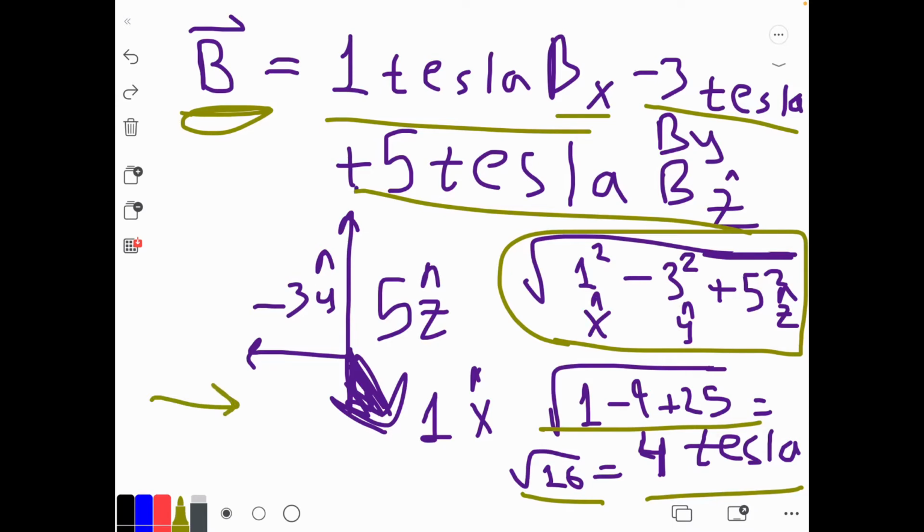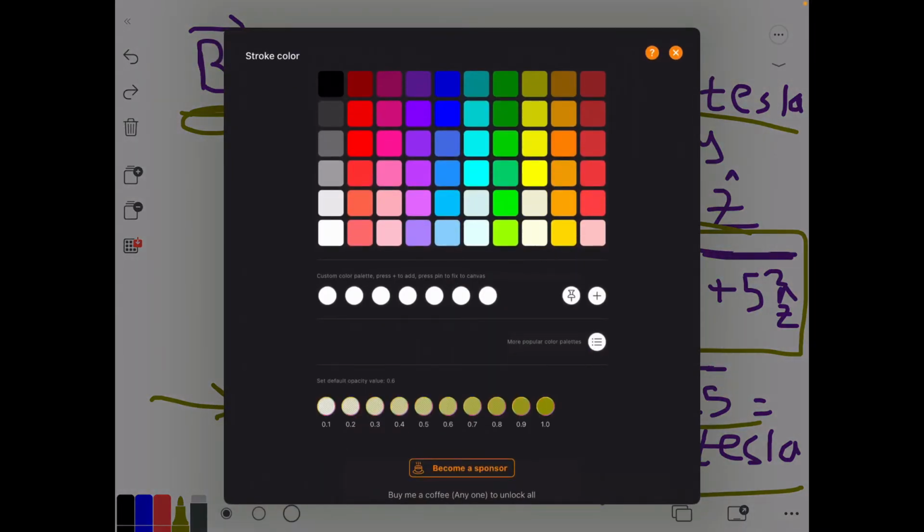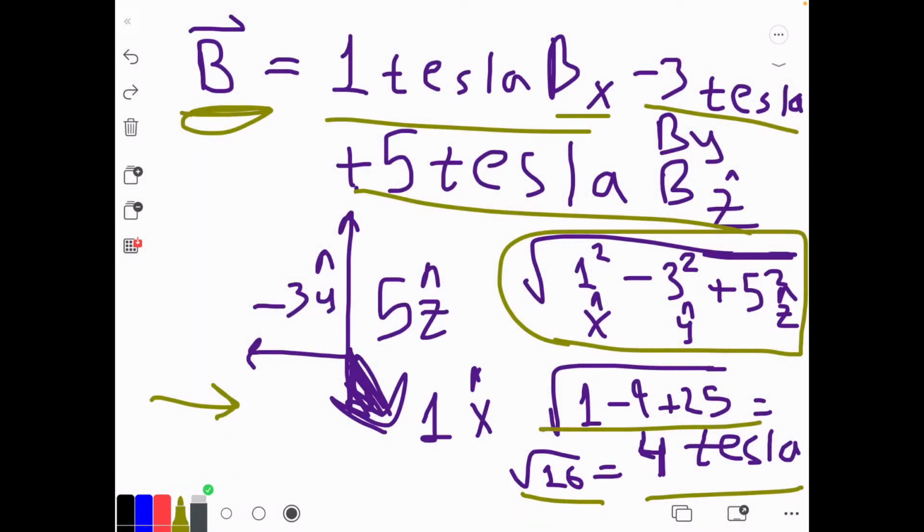Remember we had the x hat, y hat, and z hat. This is the Cartesian coordinate system, and the axes have to be perpendicular. Now the question asks us to draw an illustration of this magnetic field. In physics, you have x hat, y hat, and z hat being a dot, because they say we cannot do 3D on paper, but we can.